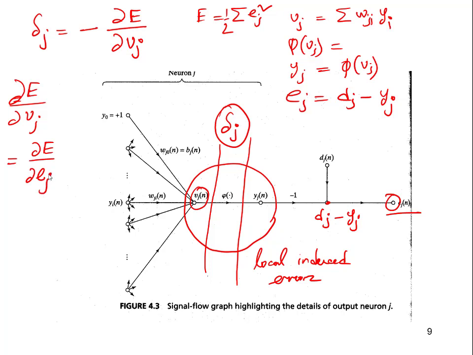Because the neuron is generating some error, it can impact the error function directly. For the error function, this delta Ej is slightly dependent upon the output, and the output is dependent upon the incoming inputs.